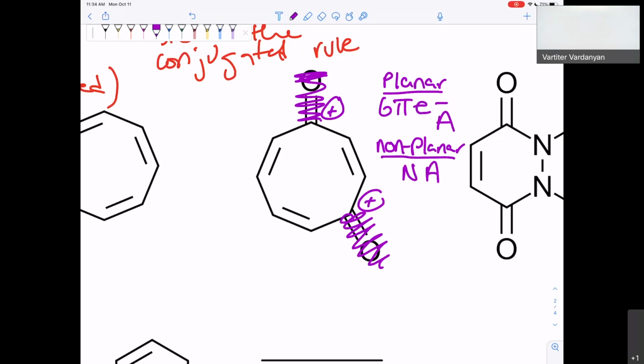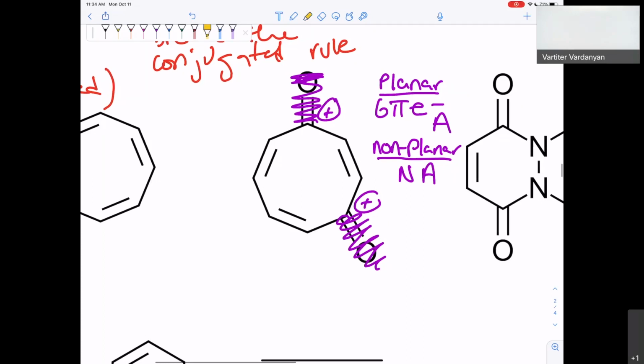So in this case, this guy is like, all right, well, I can suffer a little bit and have ring strain, and I get aromaticity, which is awesome. Or I can bend out of the plane and be non-aromatic, which isn't anti-aromatic, so it doesn't suck too bad, but aromatic is so much better.